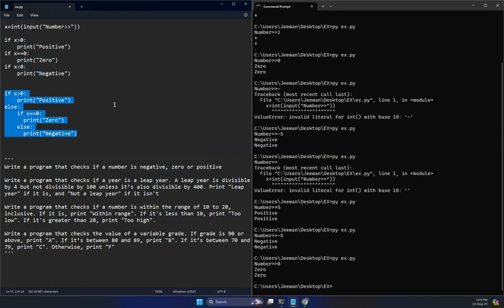Right, this side. Now if I enter plus 5, how many times will this get evaluated? If you enter plus 5, it gets evaluated only once. Only once. Two, right? Twice.